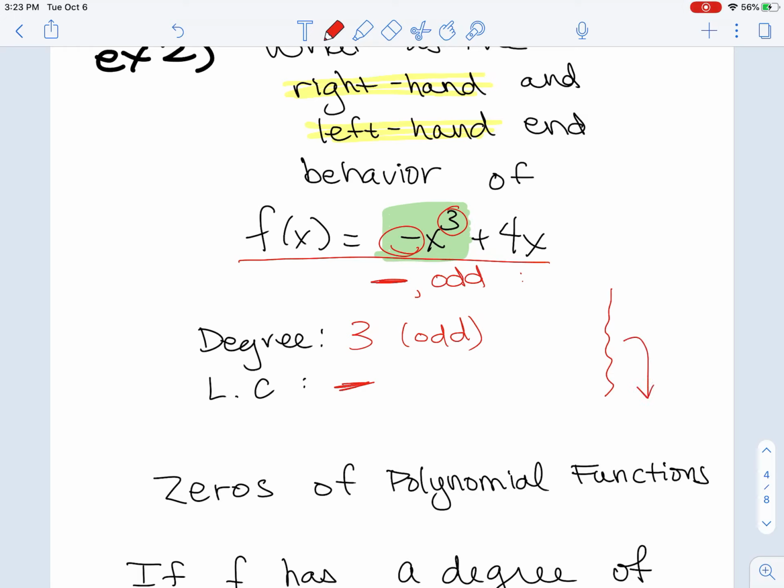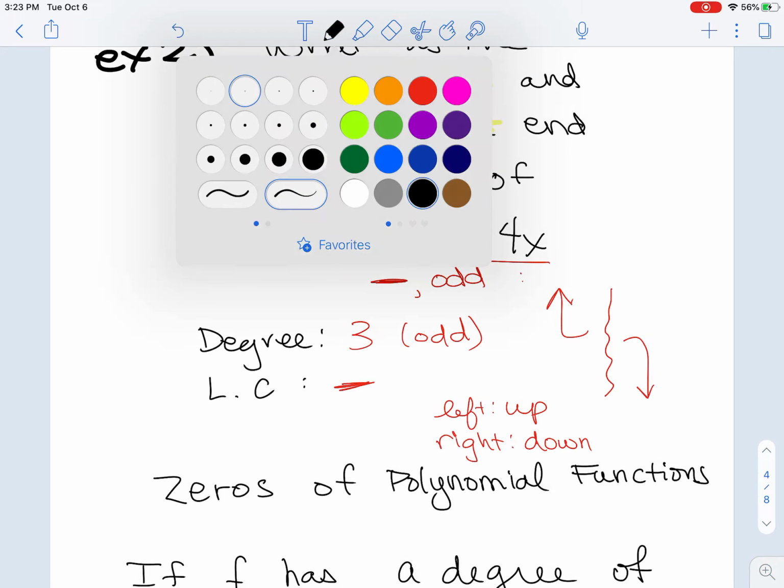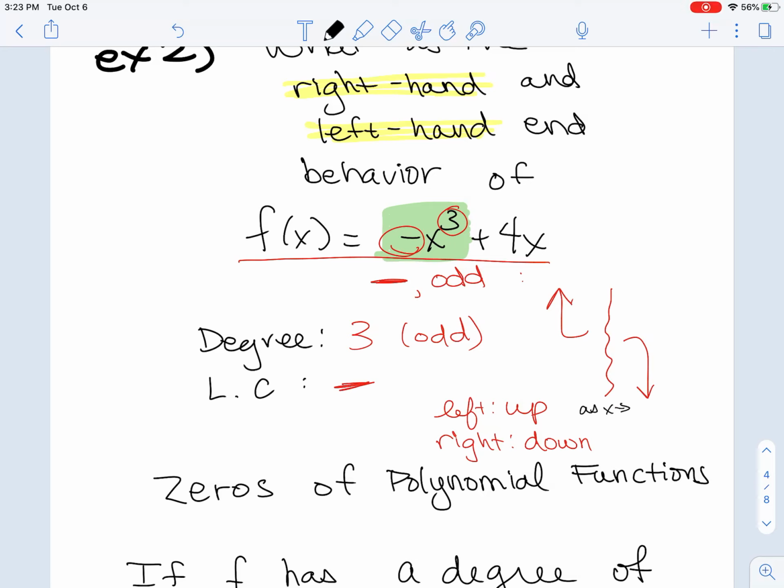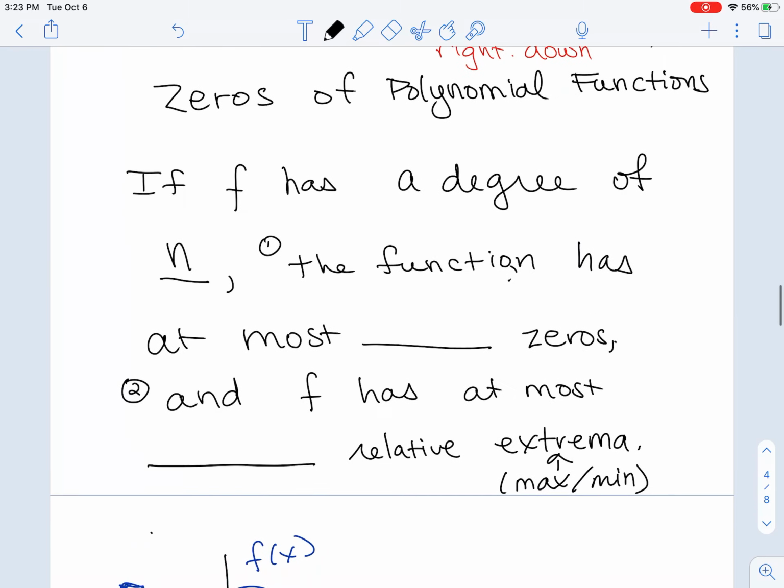If it's negative, it ends down, and if it's odd, they mismatch. So on the left side we're going up, and on the right side we're going down. Or you can say, as x approaches negative infinity, f of x approaches infinity. And as x approaches infinity, f of x approaches negative infinity.